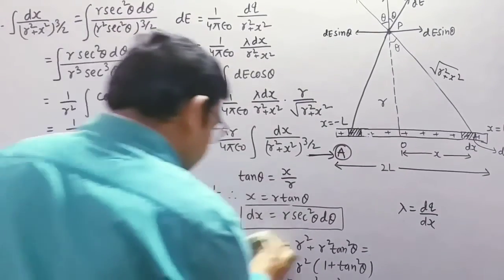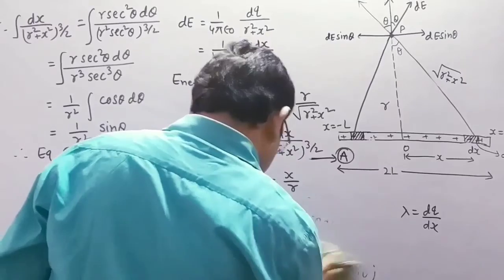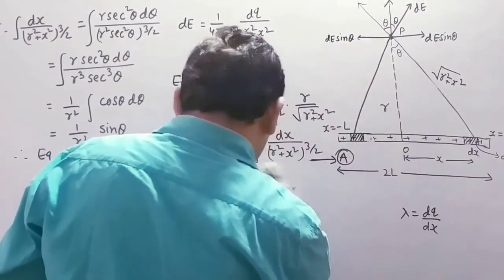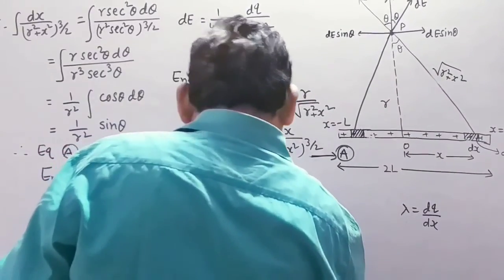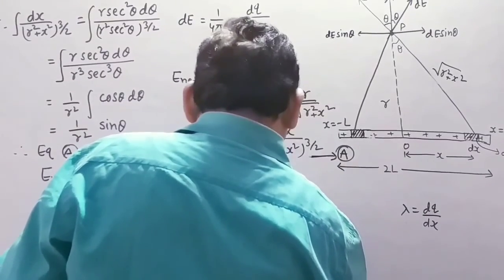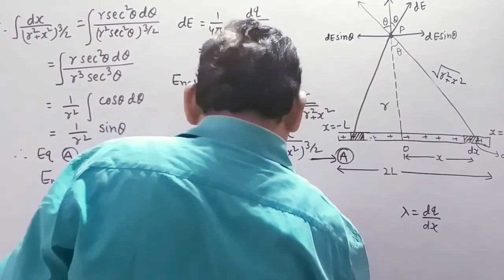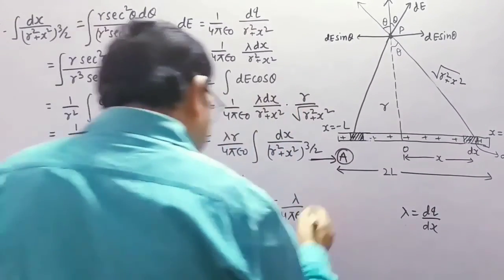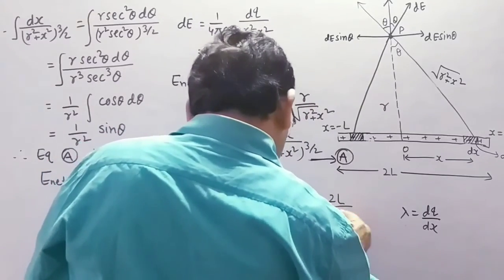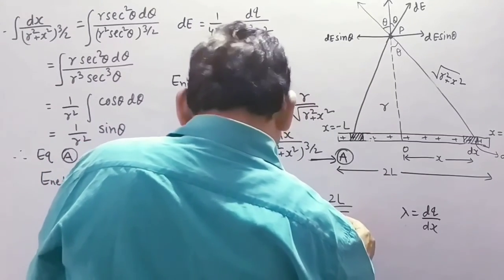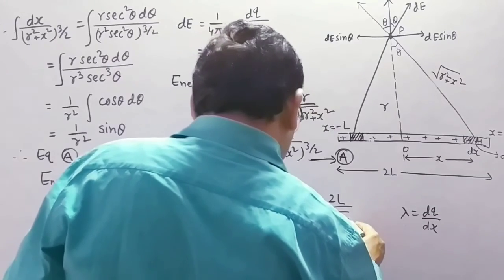So we have net electric field lambda by 4 pi epsilon r times 2l by root under r square plus l square.